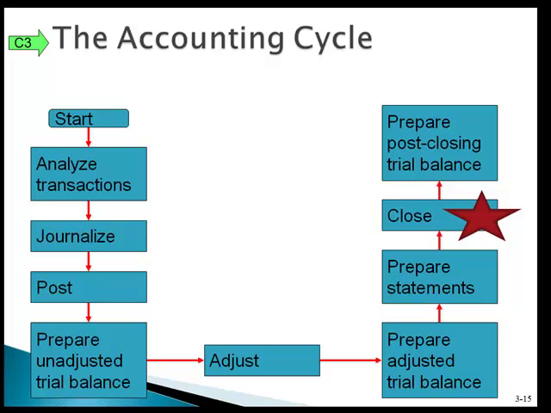It's just internal transactions. Then we prepared an adjusted trial balance. We made final financial statements, and then we closed out our temporary accounts, revenues, expenses, and dividends, and we prepared a post-closing trial balance.